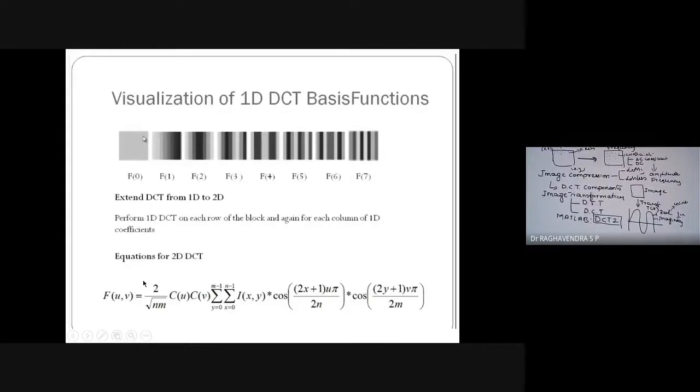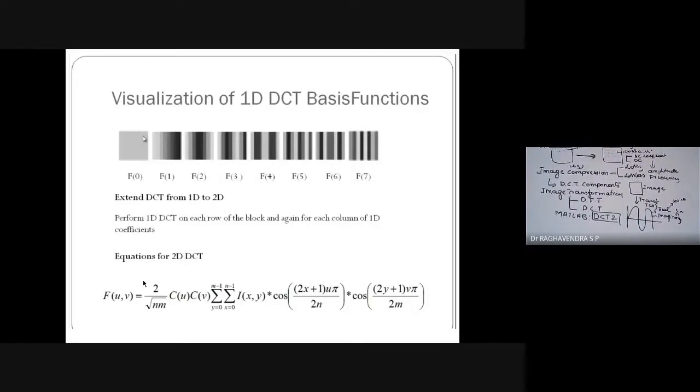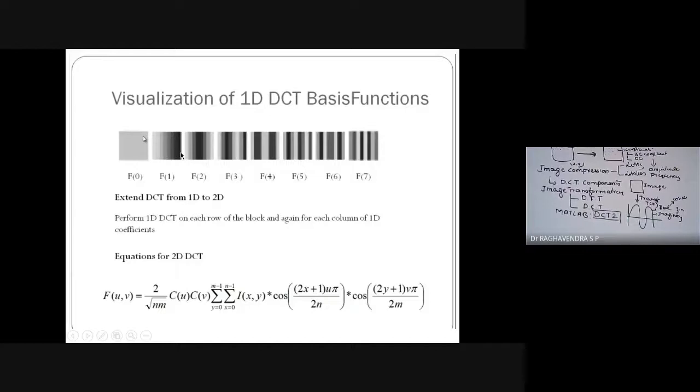And the extended version, that is if you extend the one-dimensional discrete cosine transformation, it will become two-dimensional. So this is only one-dimensional. You can notice what kind of bars are present here. Vertical bars are present. Can you notice horizontal bars over here? Can anybody notice the horizontal bars here?